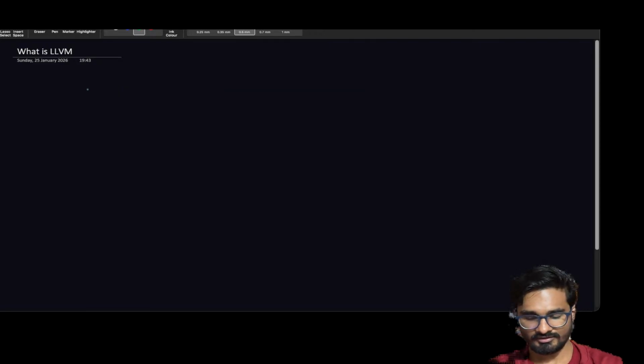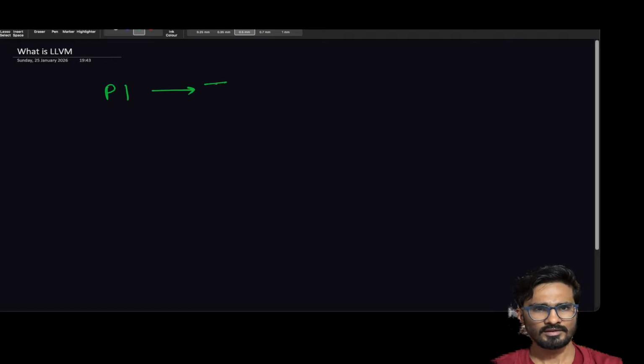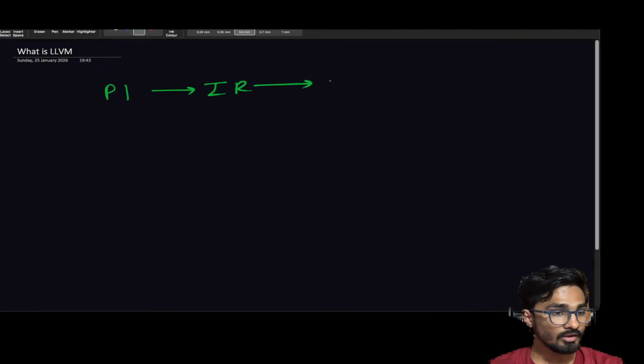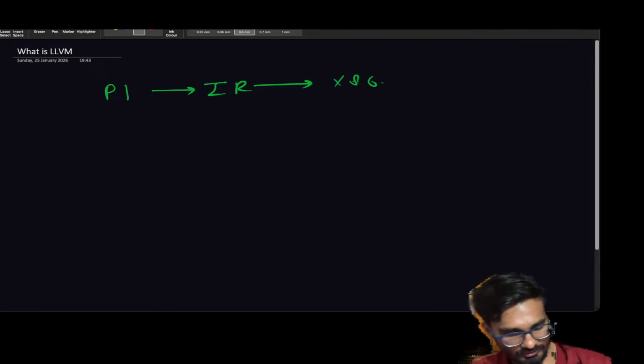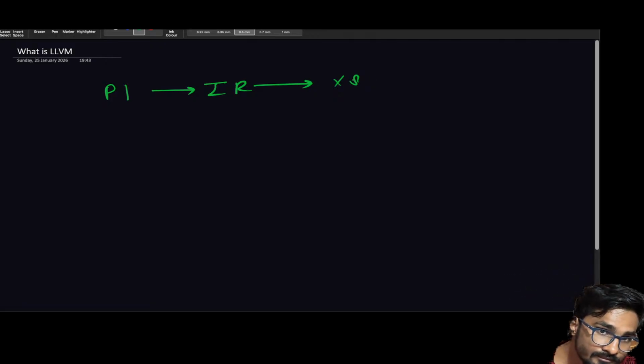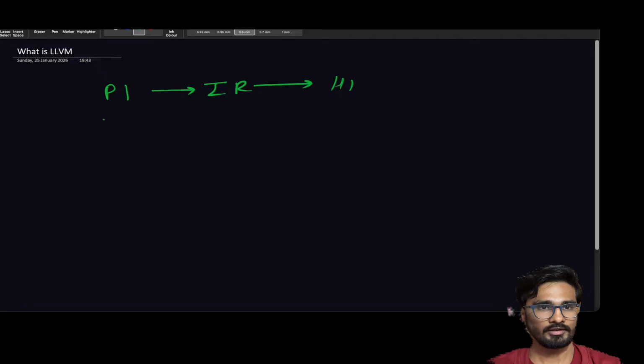Let's take our previous example. We have a P1 language, then I am converting it into IR, and then I am converting it to the x86 backend. Or let us suppose here the H1 backend. Now let us suppose we have created a new programming language P2, then we have to translate it to the IR.